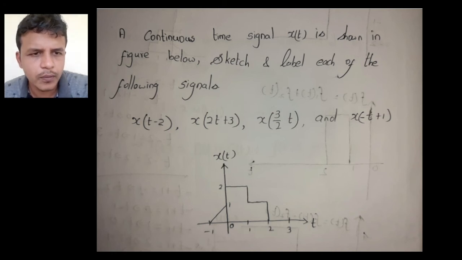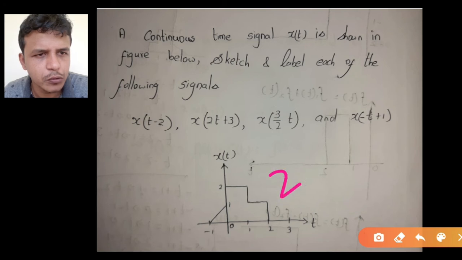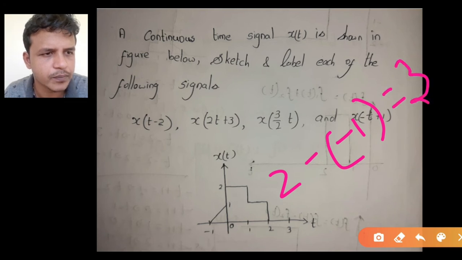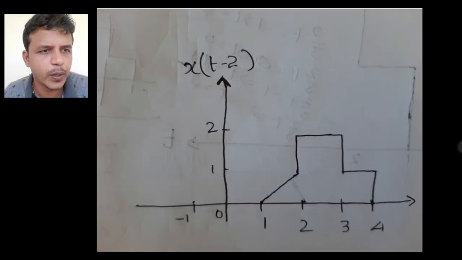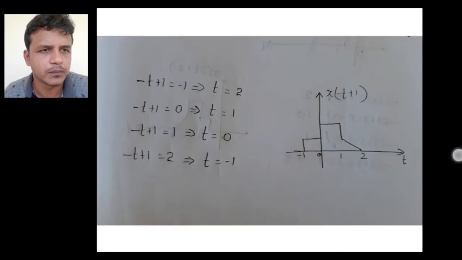Okay, so the time duration happens from -1 to 2, so 2 minus of -1 is equal to 2 plus 1, that is equal to 3 units. So we have to divide these 3 units by 3 by 2.